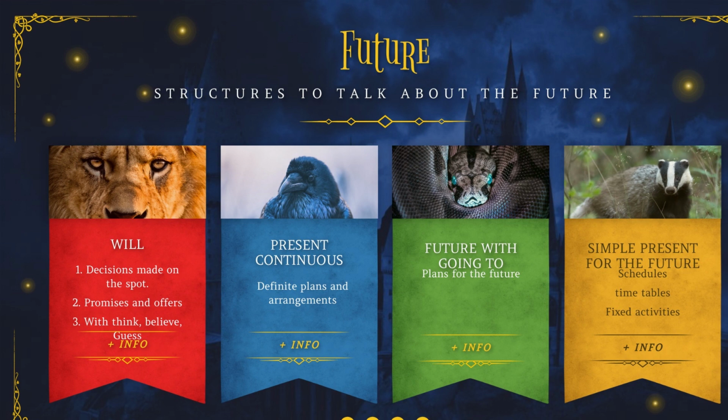When we use the present continuous, we're talking about definite plans and arrangements. When we use future with going to, we are talking about plans for the future. Normally, the present continuous and future with going to are very similar.